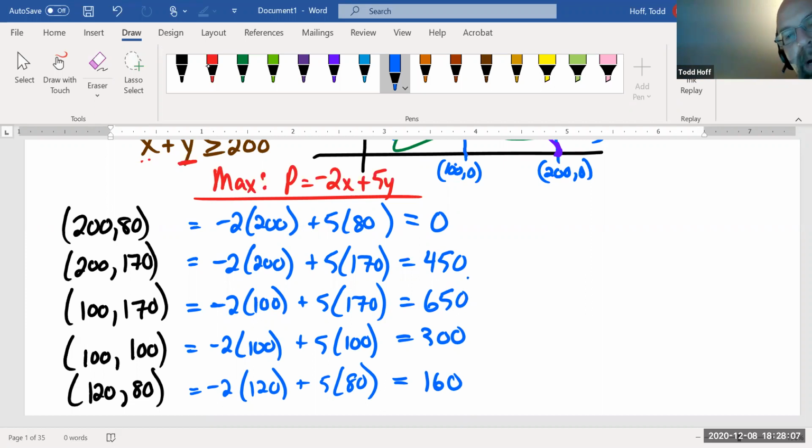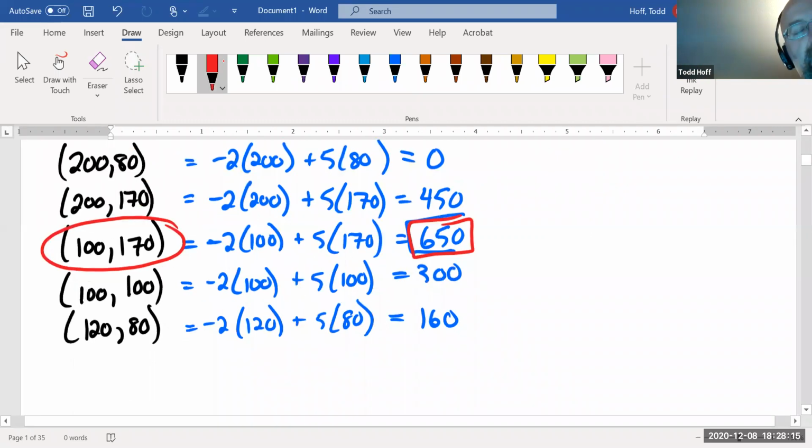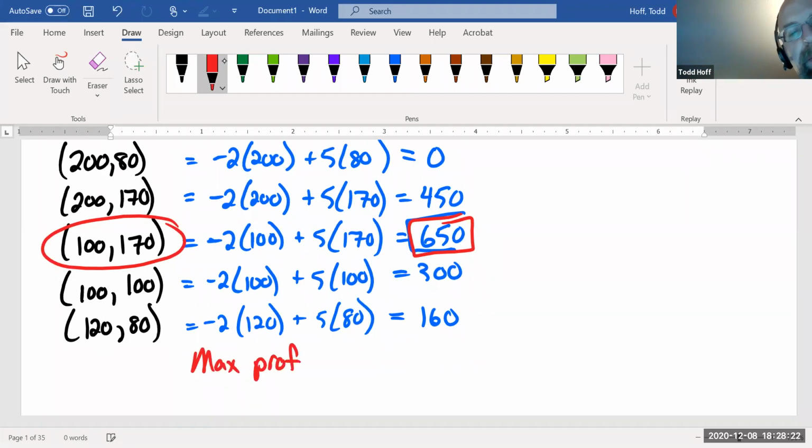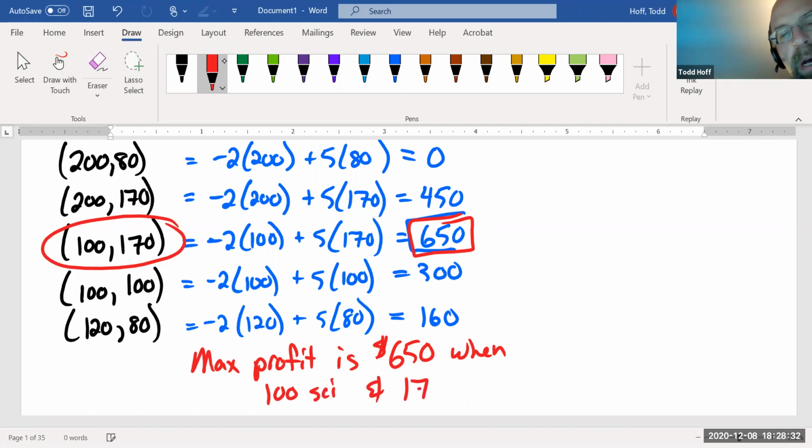So our largest profit, maximum profit, is right here: $650 when we produce 100 scientific calculators and 170 graphing calculators. So the maximum profit is $650 when we produce 100 scientific and 170 graphing.